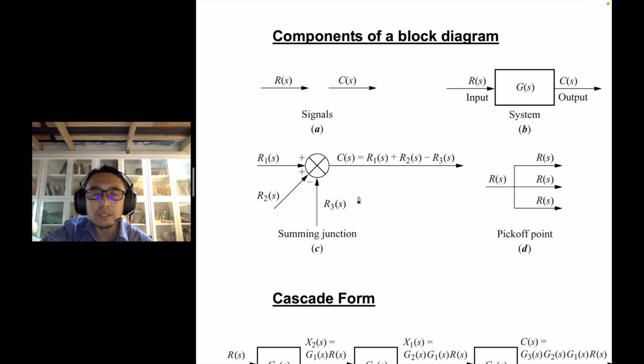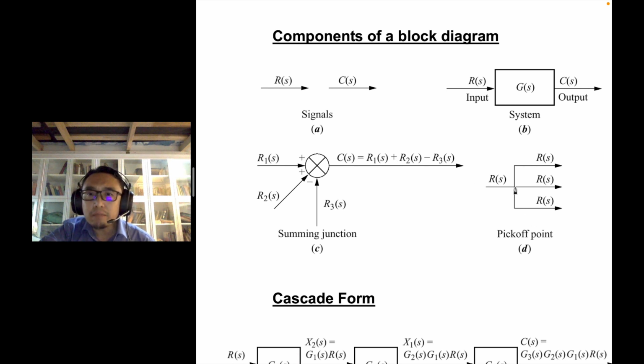In this case, the inputs are R1, R2, and R3, and the output is C equals R1 plus R2 minus R3. So the sign going into the summing junction indicates whether the signal is added or subtracted to make the overall output signal.